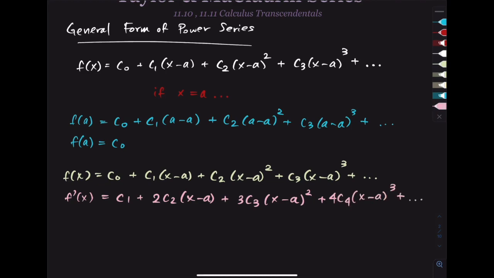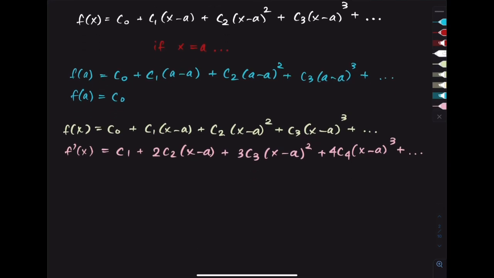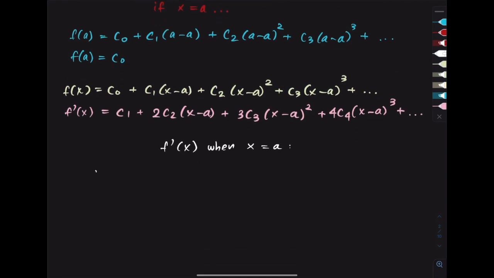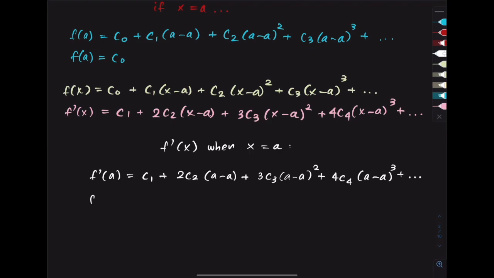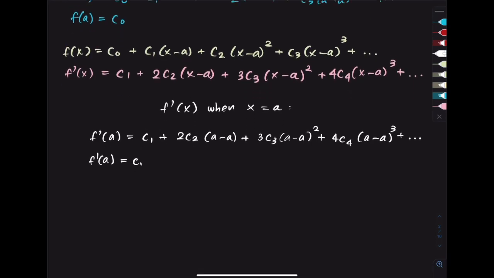Let's do the same thing we did with the original function and evaluate f prime of a at x equals a. Well, all the x minus a's are going to go to 0, which simply leaves the coefficient multiplied by 1. Let's do this again with its second and third derivative.